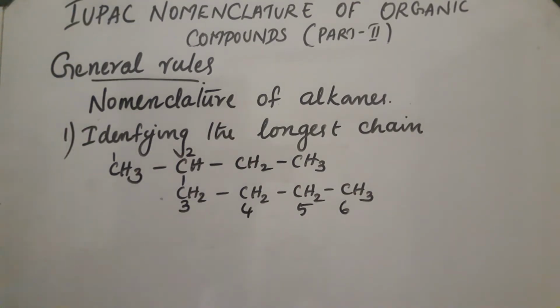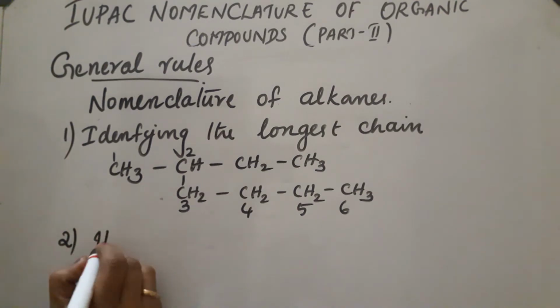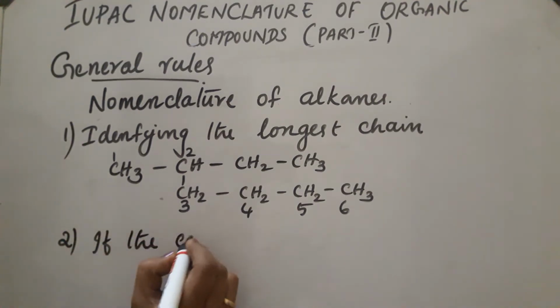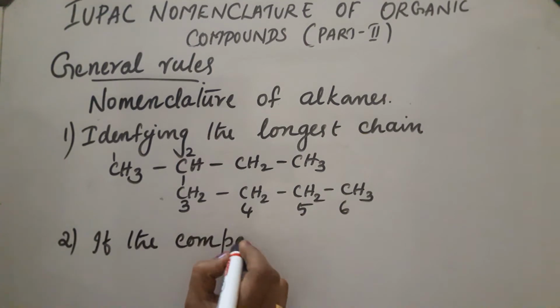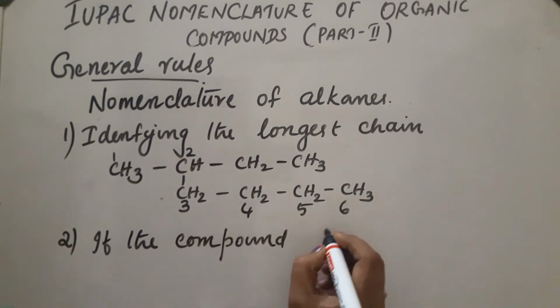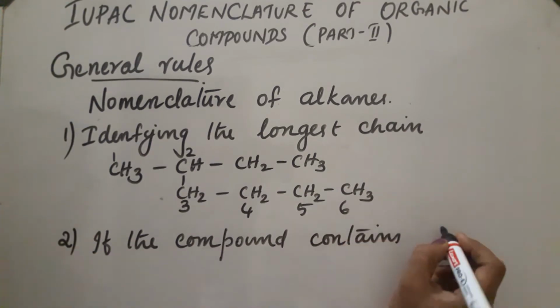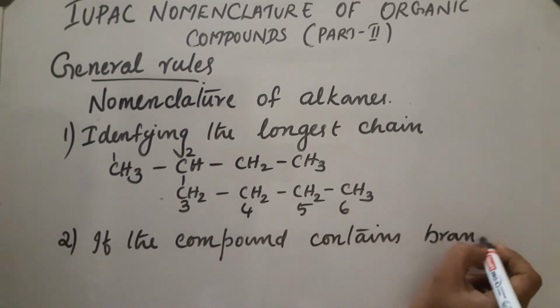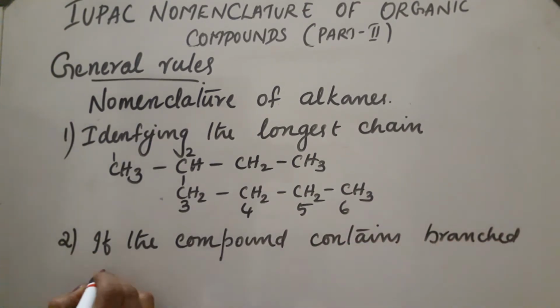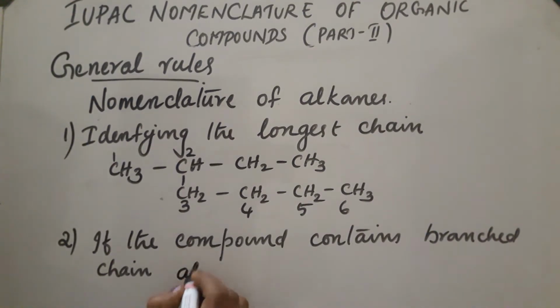Next, the second rule is, if the compound contains a branched chain, in such cases we have to add an alkyl group.